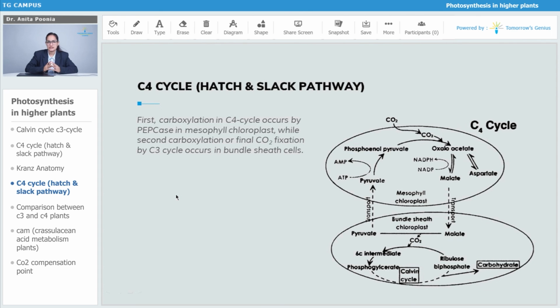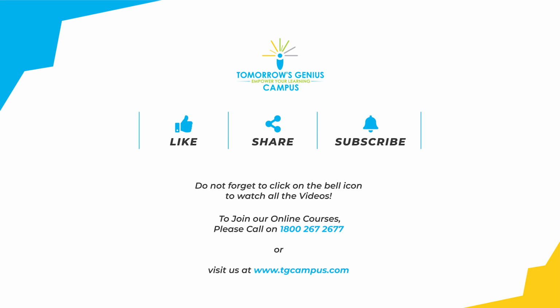Now, the first carboxylation in the C4 cycle occurs by PEPcase in the mesophyll chloroplast, while the second carboxylation, or the final carbon dioxide fixation by the C3 cycle, occurs in the bundle sheath cells. So you see this is a bundle sheath cell. So this is the C4 cycle, and here the bundle sheath chloroplast.